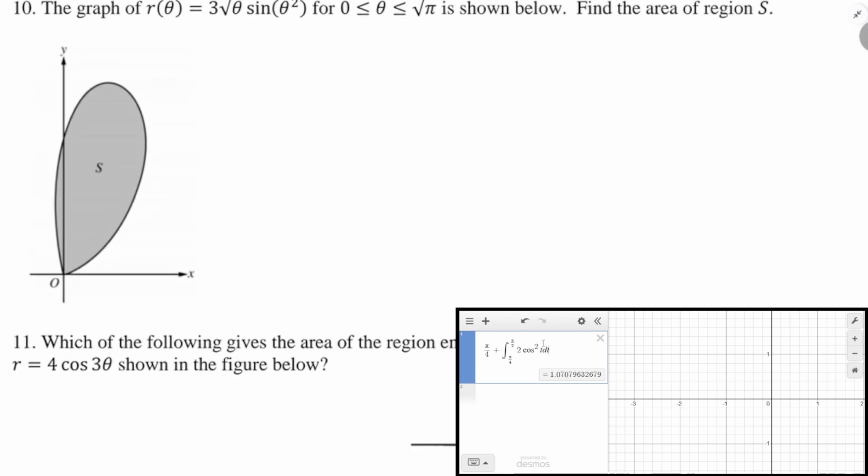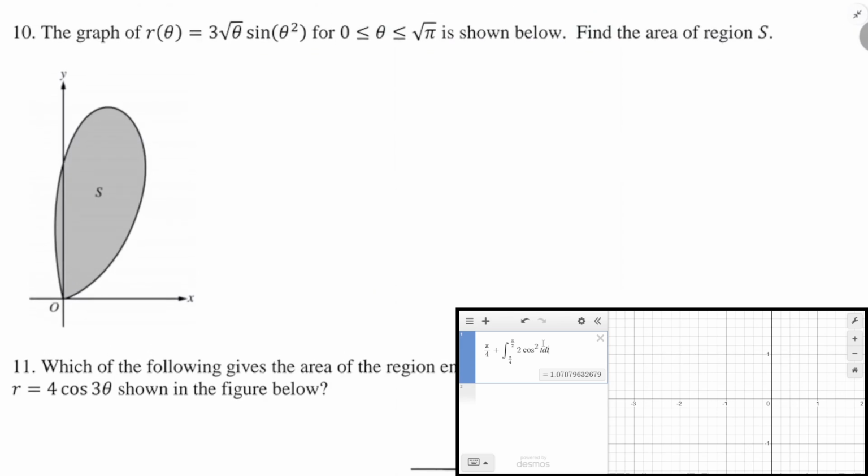Okay, graph of r of theta is shown below. Find the area of the shaded region. This is not one that we can do by hand. This is a calculator one. So integral from 0 to pi of 1/2 r squared d theta.